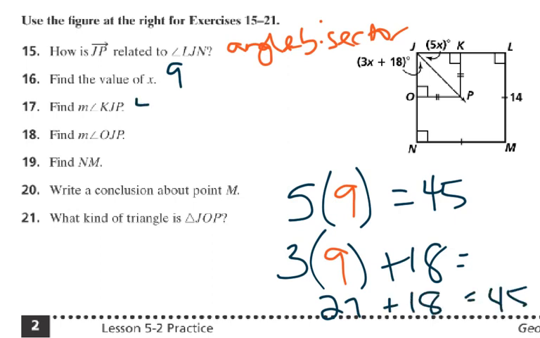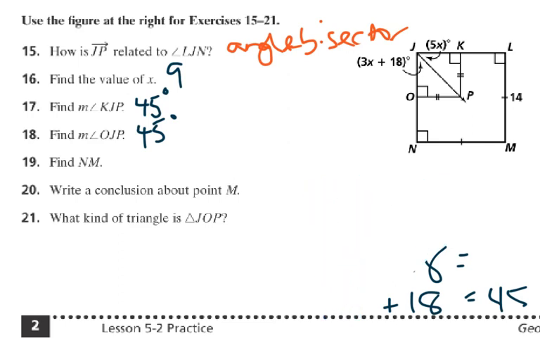So those are 45-degree angles. And that's good because we wanted them to be the same. And anytime that you bisect a 90-degree angle, you're going to get 45 degrees. So we should have known that even before we started. But that's okay.